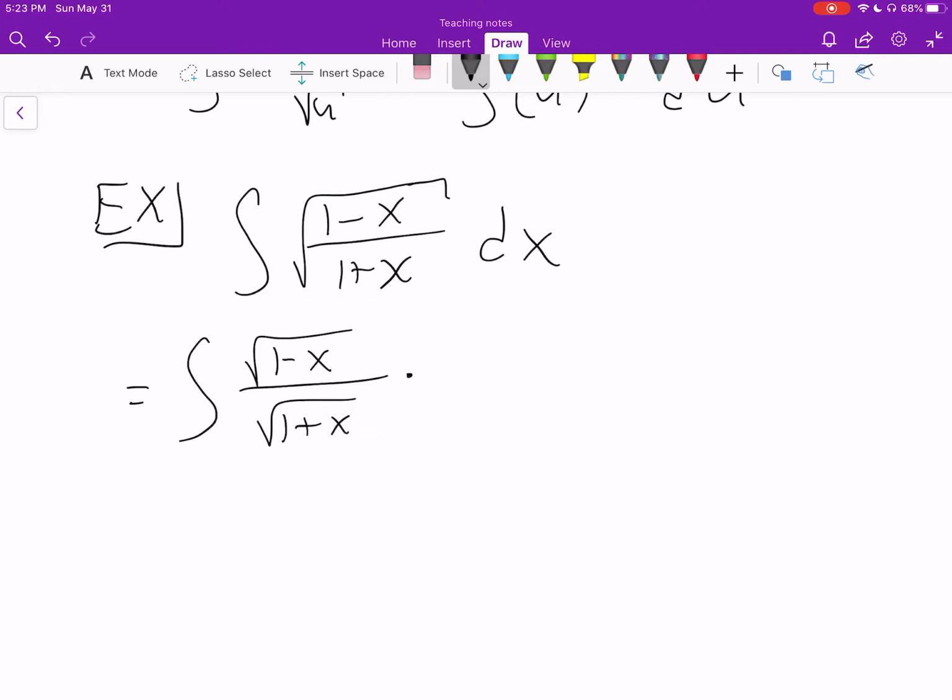We're going to multiply by 1. When I say multiply by 1, we're going to multiply by one thing divided by itself, and we're going to try and rationalize this. So we're going to multiply, in this case, square root of 1 minus x.